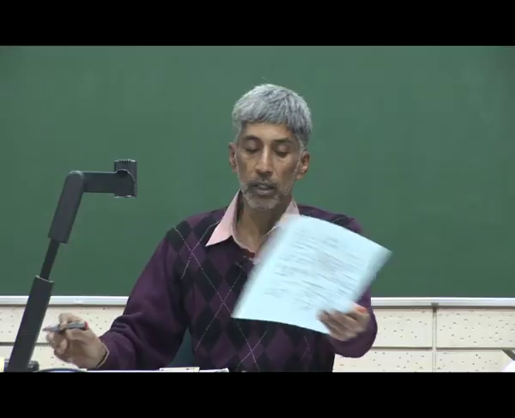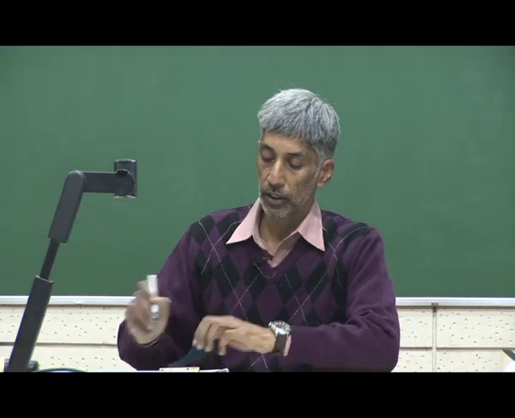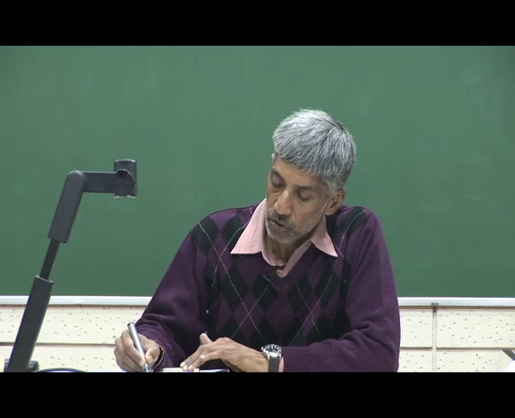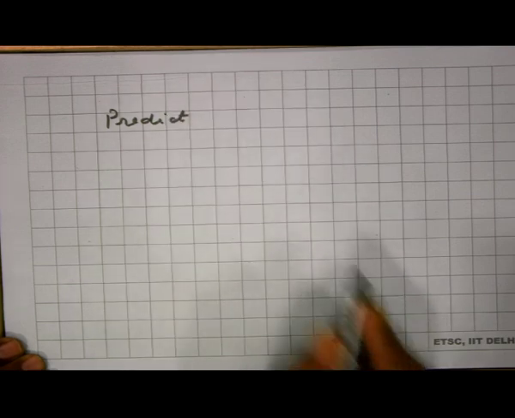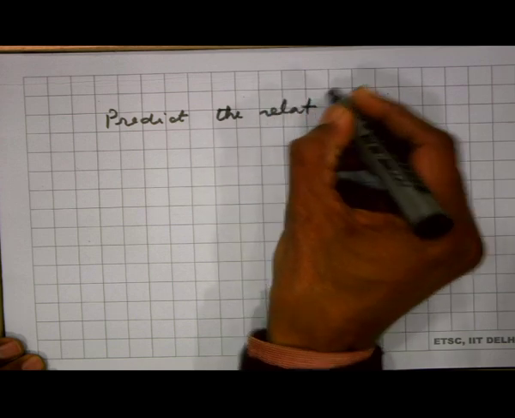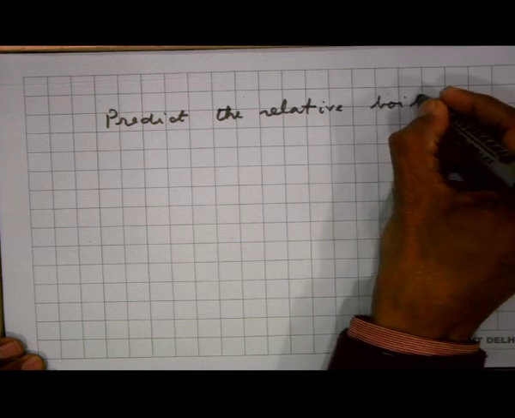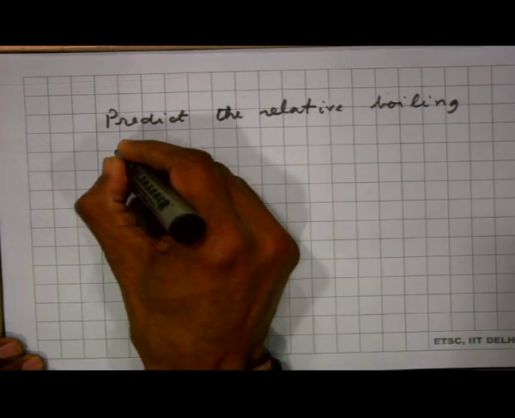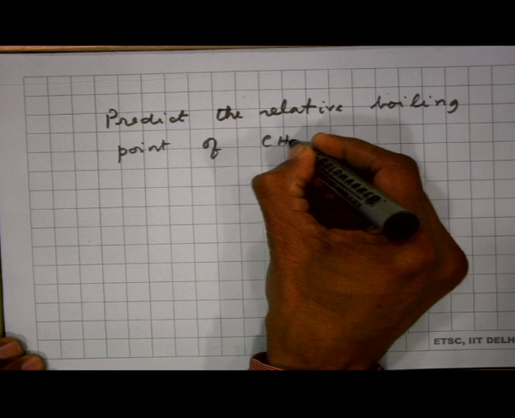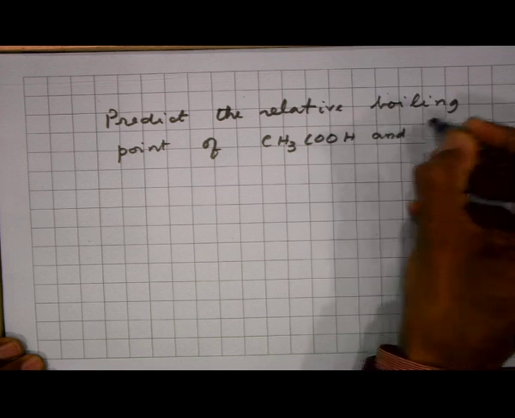Now, let us look at another molecule and try and predict another physical property. So, this illustrates something else that we learnt yesterday. Predict the relative boiling point of acetic acid and methanol.